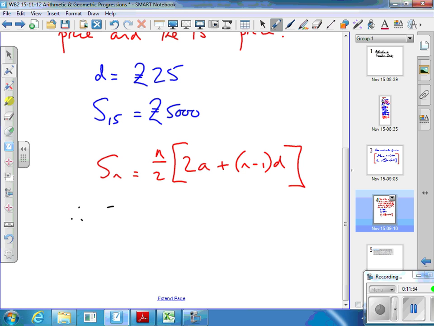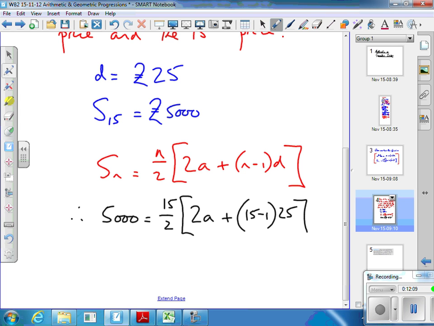So therefore, 5,000 equals 15 over 2 brackets 2a plus 15 minus 1 d, which is 25. Now we've got a little equation to solve. So work out what you can and then simplify it as far as you can and then calculate a.